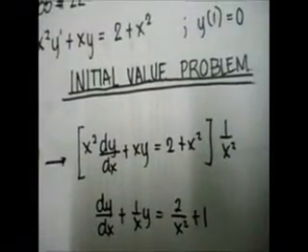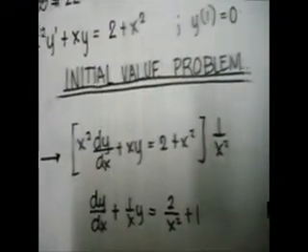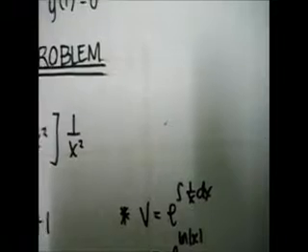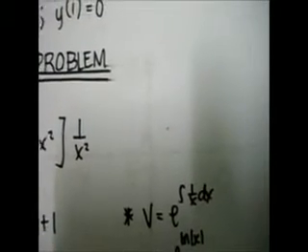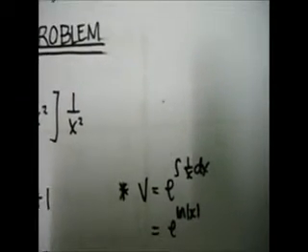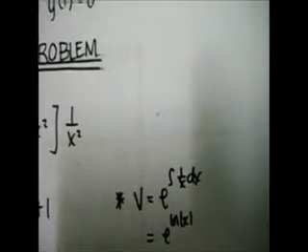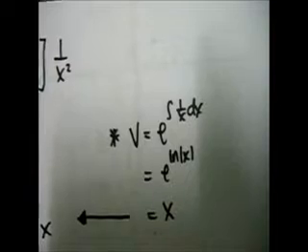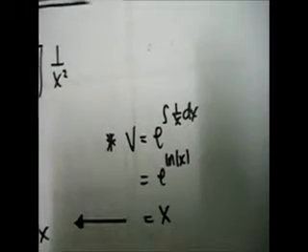So solving for the integrating factor, we have v is equal to e to the power of integral of 1 over x dx, which is e to the ln of x, and simplifying it further, we have the integrating factor equal to x.